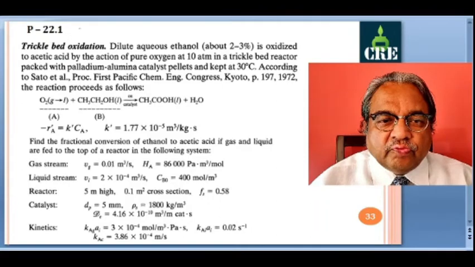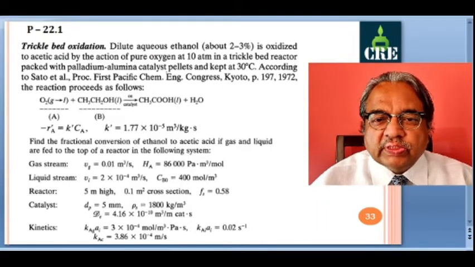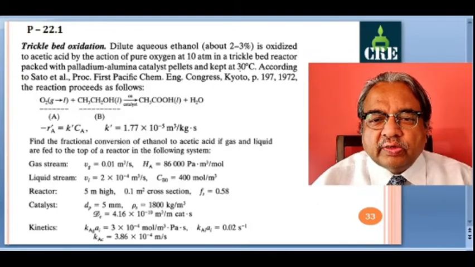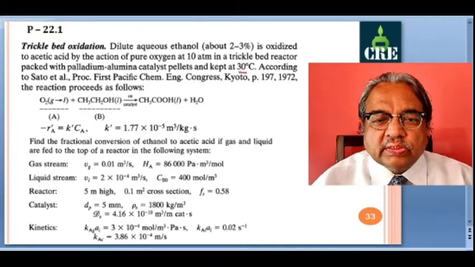Problem 22.1. Now this is from the exercise. Trickle bed oxidation. Dilute aqueous ethanol 2 to 3% is oxidized to acetic acid by action of pure oxygen at 10 atmosphere in a trickle bed reactor packed with palladium alumina catalyst pellets and kept at 30 degrees Celsius.